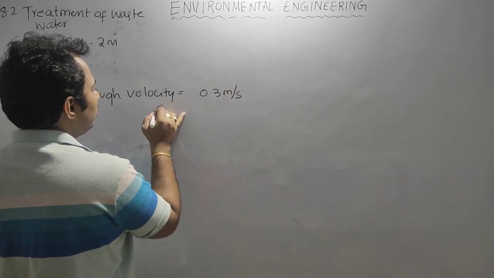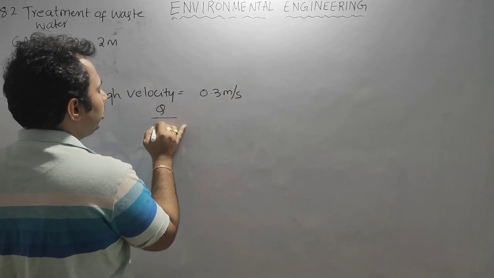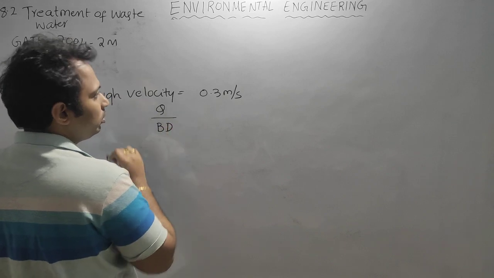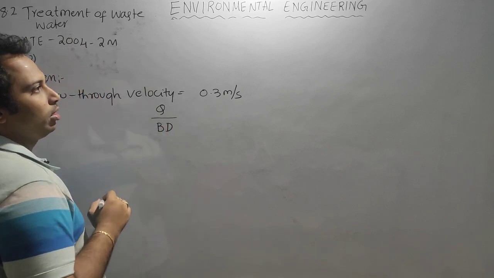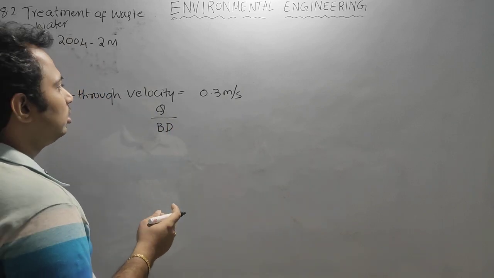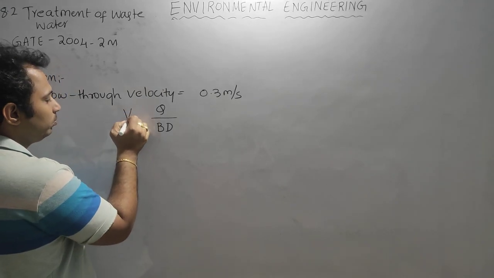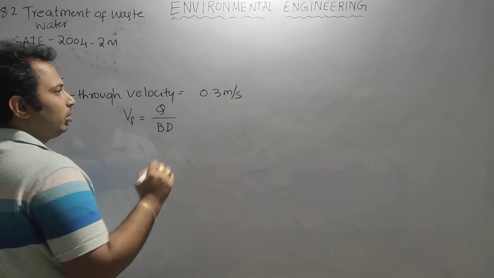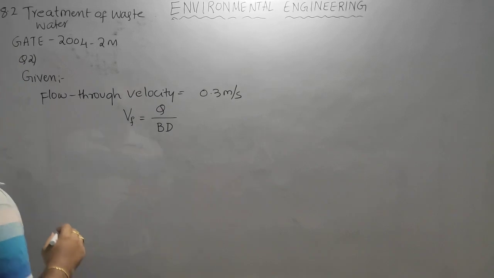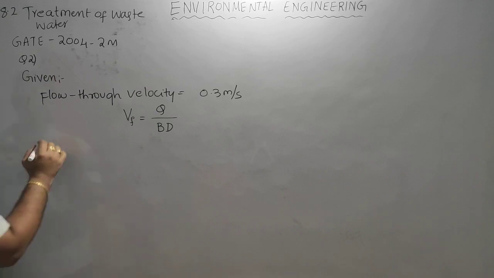This is equal to Q by B into D, that means the velocity of the flow. Now the depth of the water D is given.